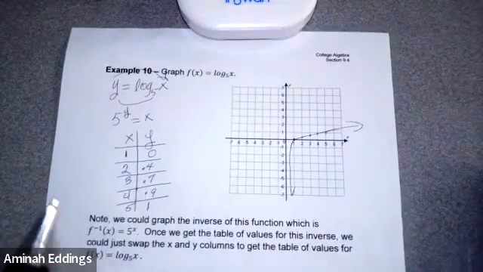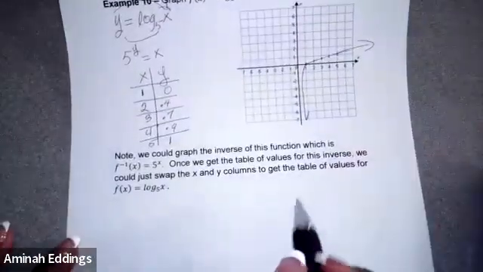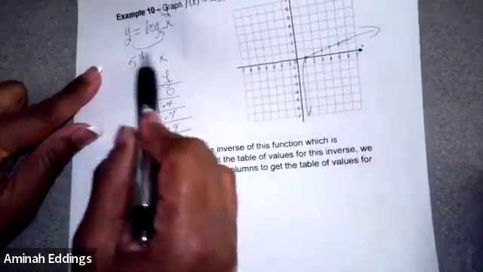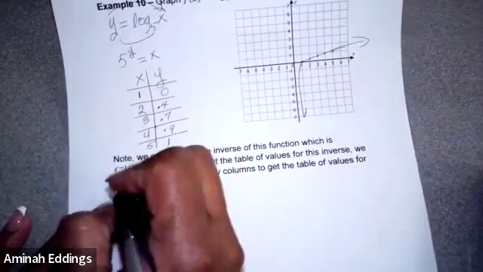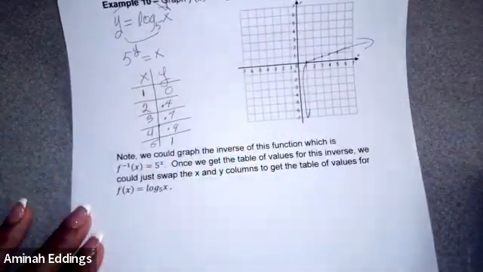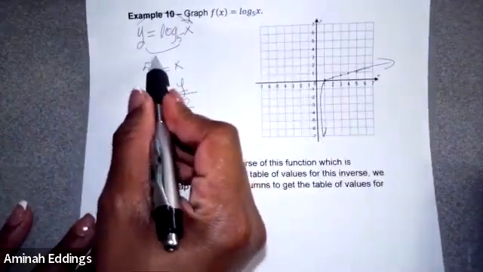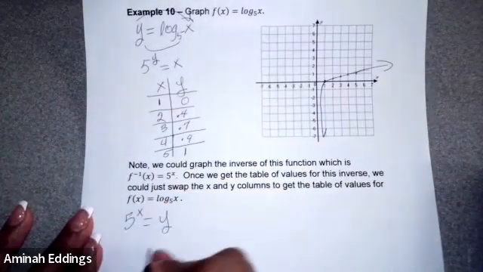Now, if we think about this in terms of our exponential function, remember they are inverses. This is the logarithmic form. The exponential, or its inverse, would be what? Switch your x's and y's. It would be 5 to the x is equal to y.